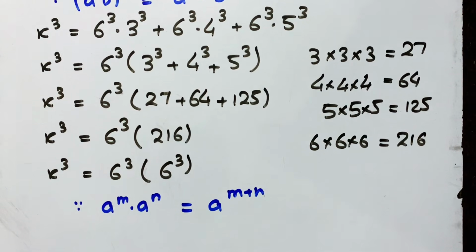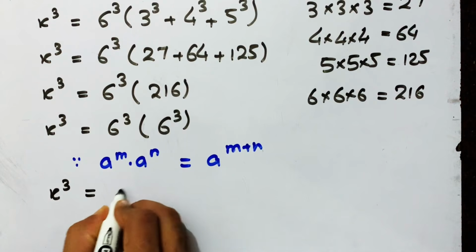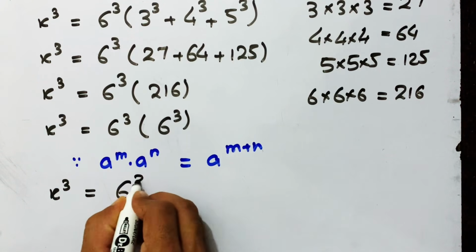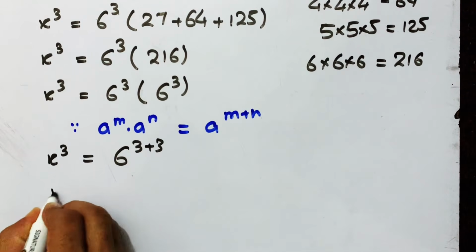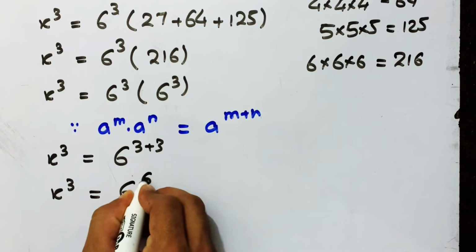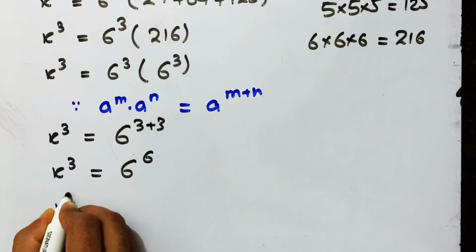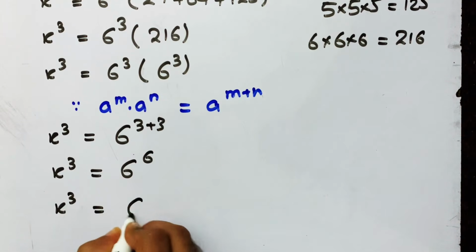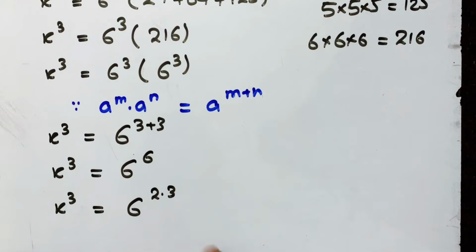So x cubed equals 6 to the power of 3 plus 3, so x cubed equals 6 to the power of 6.